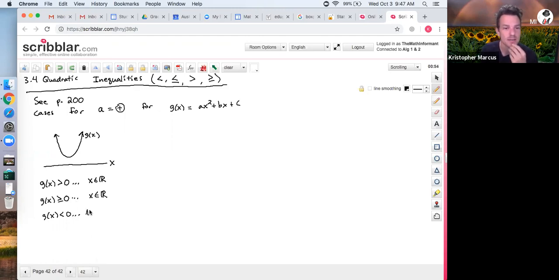So we would say there are no real solutions. No real numbers of x will make that graph go down below the x-axis. Same thing if we made it a less than or equal to symbol. No real solution.